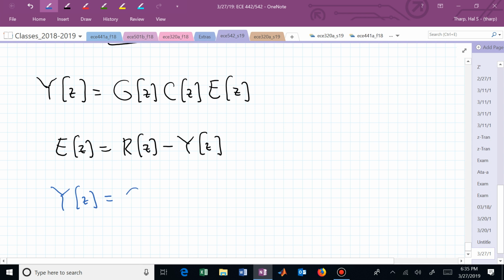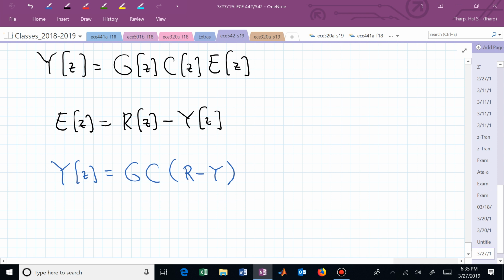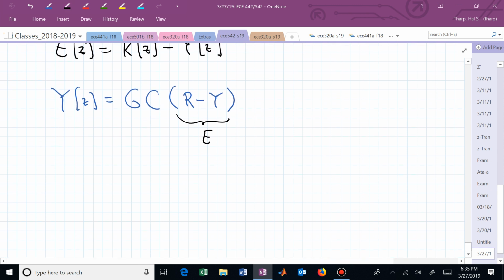Y of z is G of z, C of z, I'm going to suppress the arguments on those, times E, which is R minus Y. Simply combining those previous two expressions. And now we have one equation that possesses a signal R and a signal Y. We can now do the algebra on this to find our desired closed loop transfer function, T sub c of z.